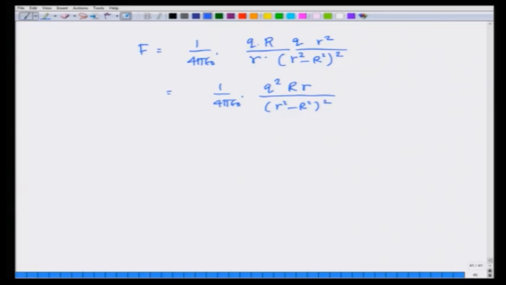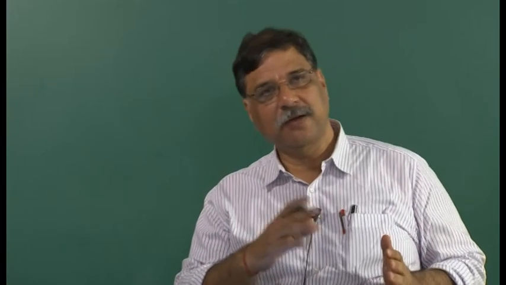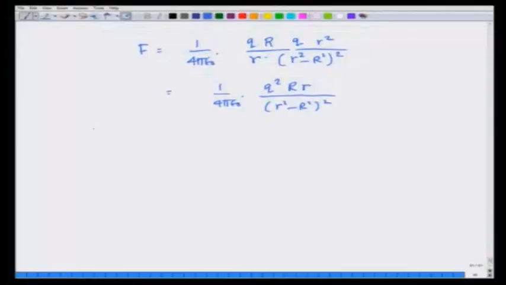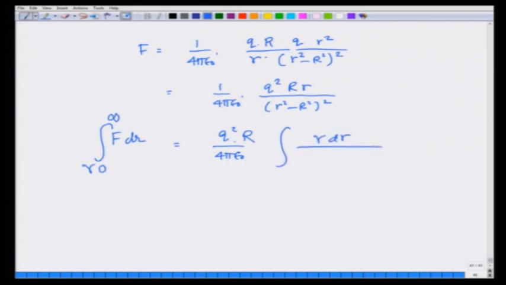So, work done in moving, this is an attractive force, I will be applying a force in the opposite direction. So, work done by me in moving this charge from r naught to infinity is going to be the integral from r naught to infinity, which is equal to q square over 4 pi epsilon 0, even this R comes out, and I have r dr over r square minus R square, whole square, from r naught to infinity.